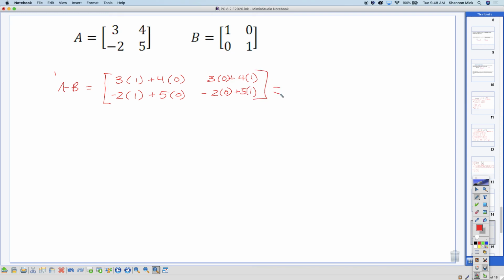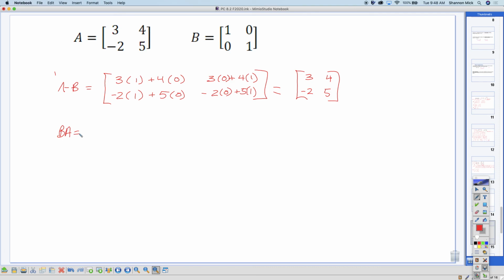I don't think we need the interim step here, do we? No. I get the same thing as A: 3, 4, negative 2, 5. So will you be able to identify that before you even do the problem?